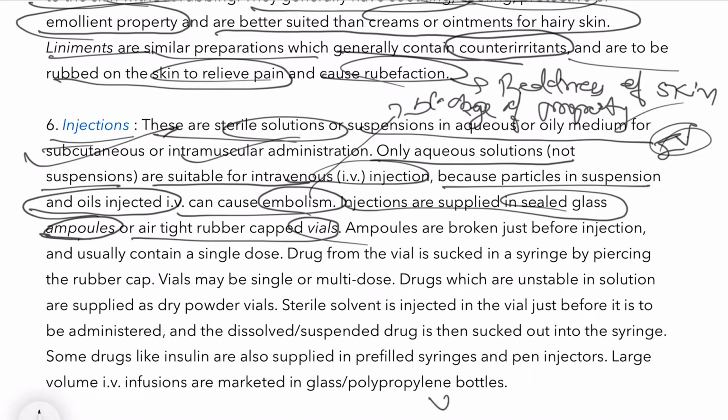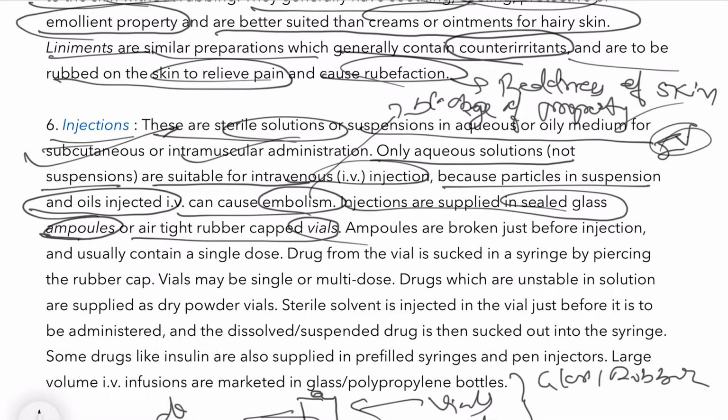Now let's see the difference. Vials and ampoules, both are made of glass or rubber. But what is the main difference? A vial is of cylindrical shape, as I showed earlier, in which the drug is stored, and the size is bigger compared to ampoules.